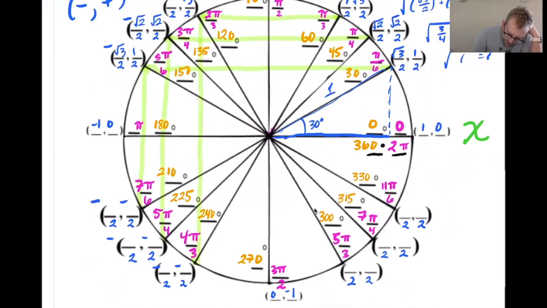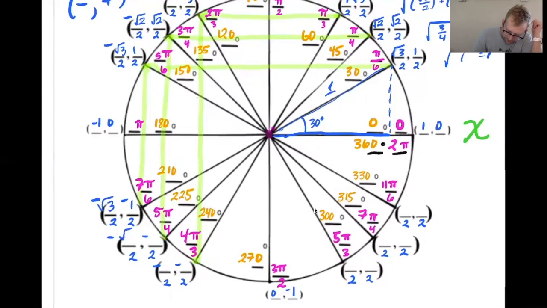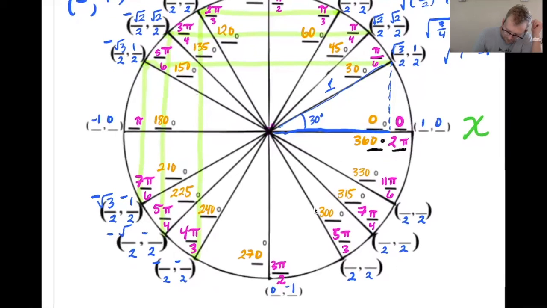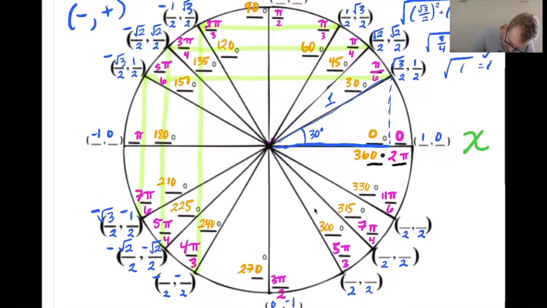So this first coordinate would be negative root 3, negative 1/2. Then negative root 2, negative root 2. My iPad doesn't like it, I guess, when I rest my hand on it. And then we will have negative 1/2, negative root 3.